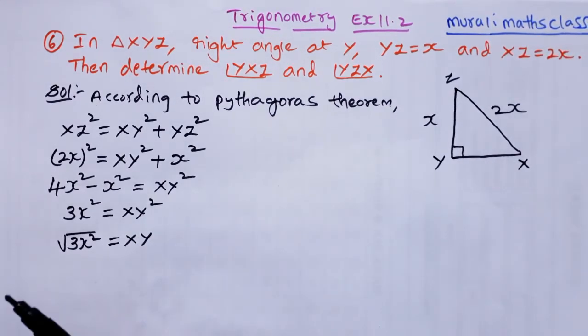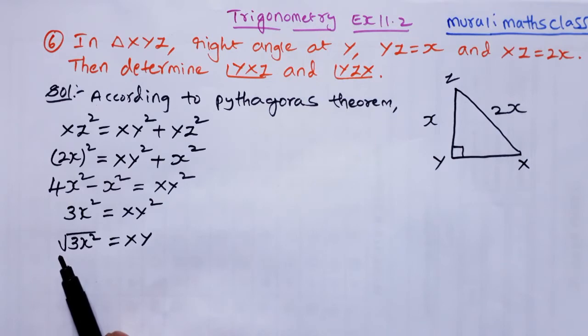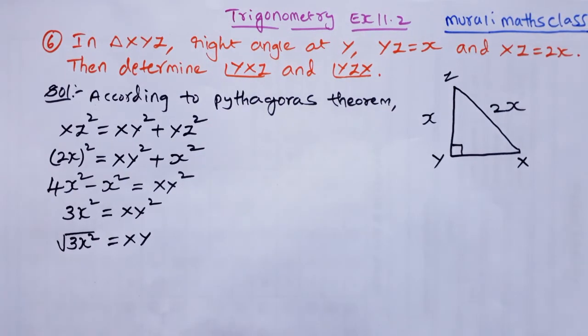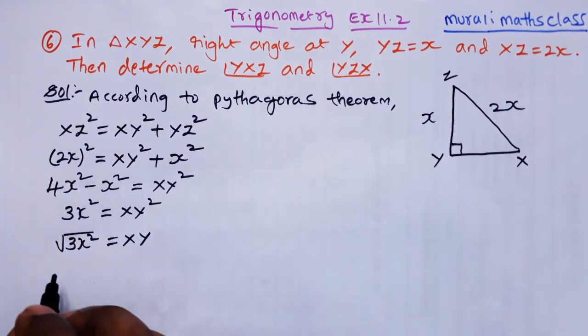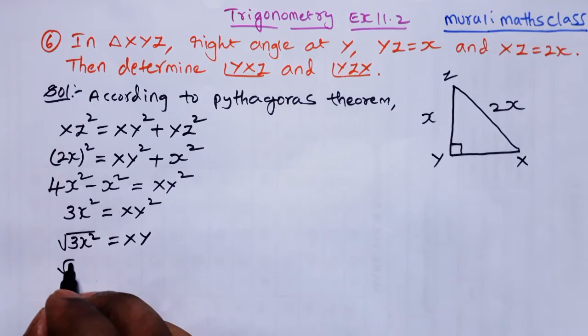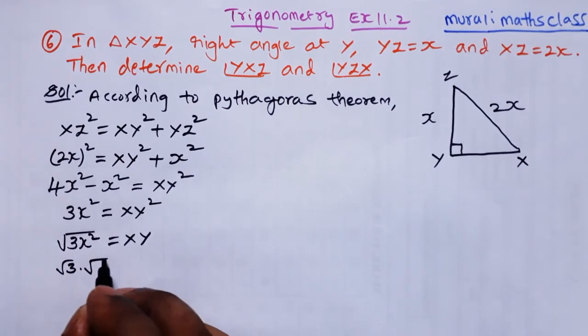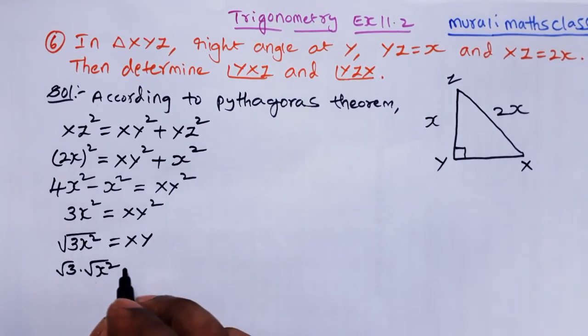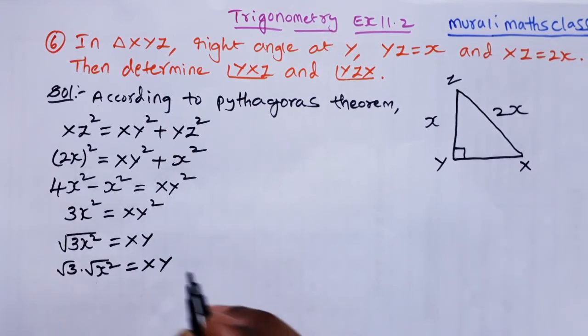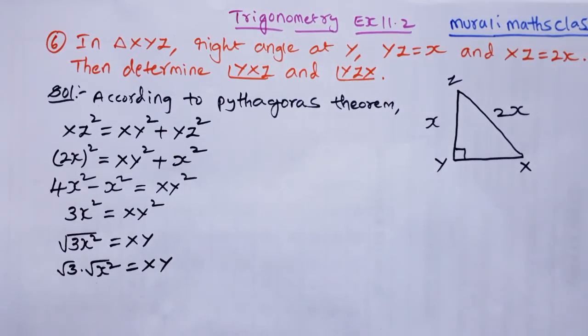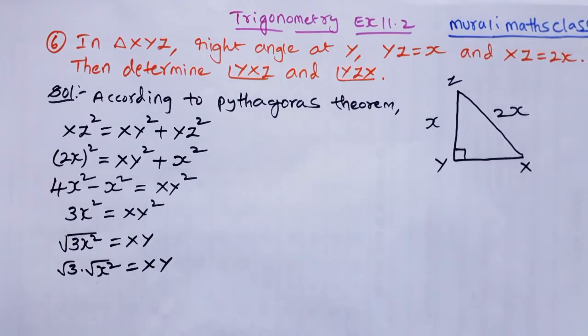Now this square root is there, apply separately for 3 and for X square. We need to write square root separately. So that means square root of 3 into square root of X square equals XY. Now we can cancel this. What we can cancel?